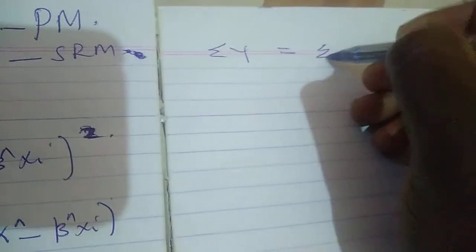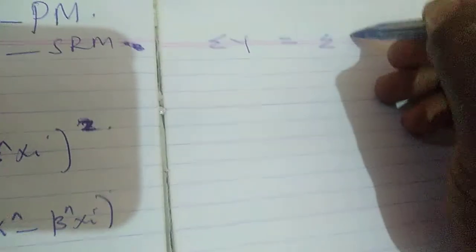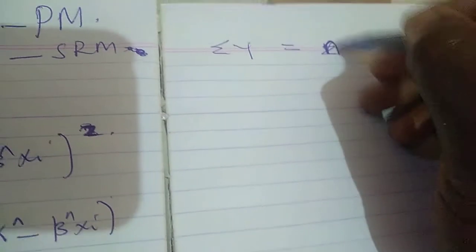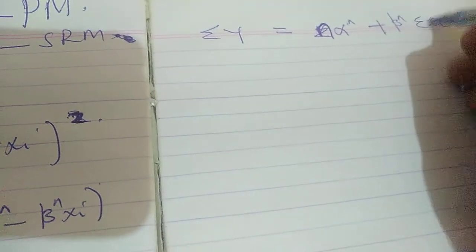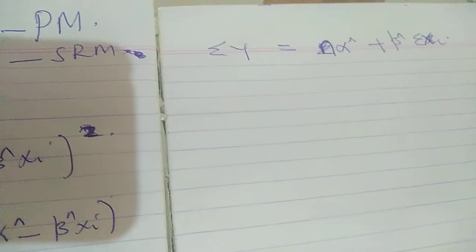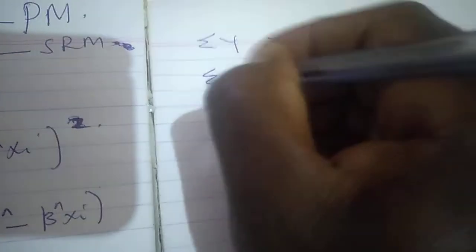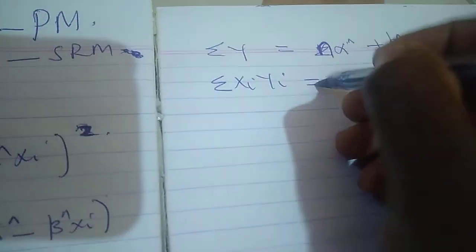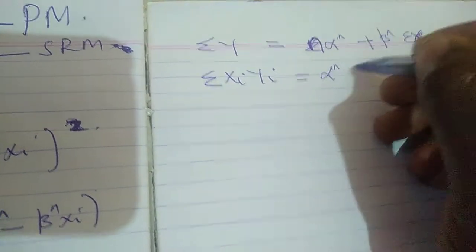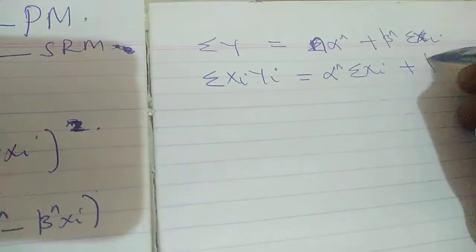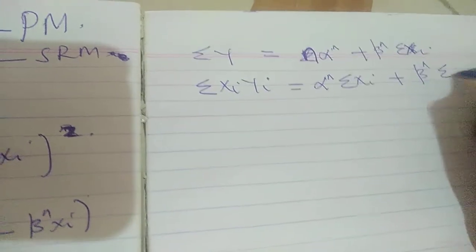So in equation 1, I have the sum y is equal to n alpha hat plus beta hat sum xi. Then in equation 2, I have the sum xi yi is equal to alpha hat sum xi plus beta hat sum xi squared.